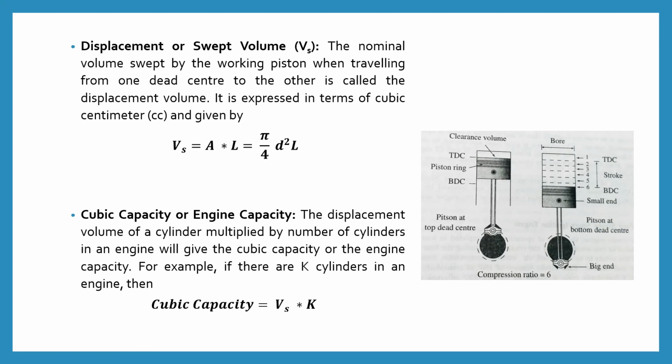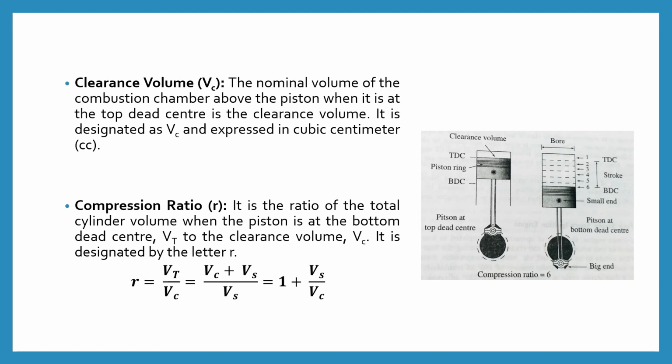For example, if there are k number of cylinders, then the cubic capacity of the engine is Vs into k, where Vs is the swept volume and k is the number of cylinders. This is the next slide.